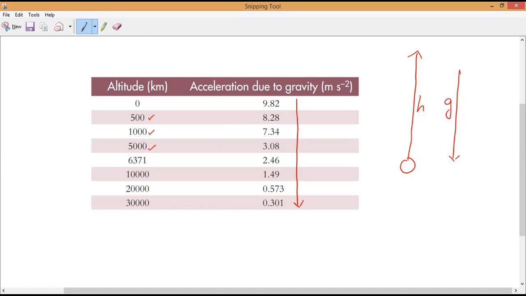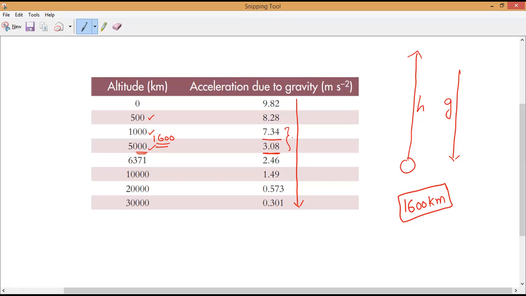Now, in the given question, how many kilometers did he travel? 1600 kilometers. So your g value will come less than 7.34 and definitely more than 3.18, because after 1600 the next value given is 5000, and there is no value in the middle.